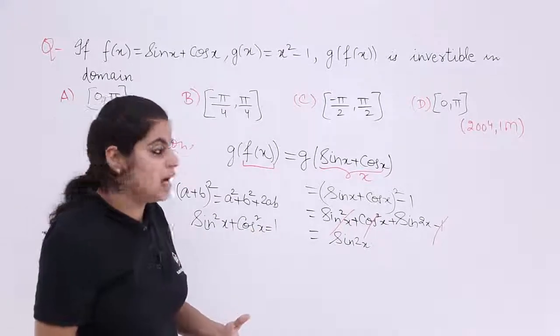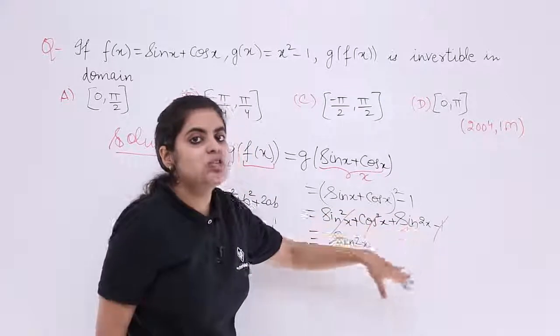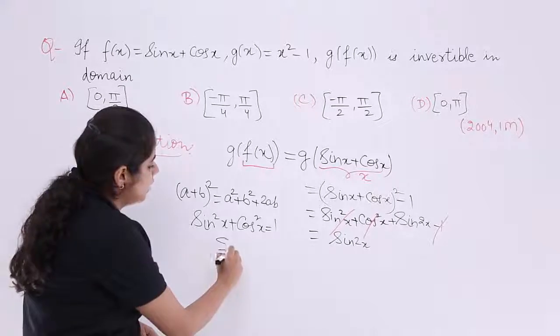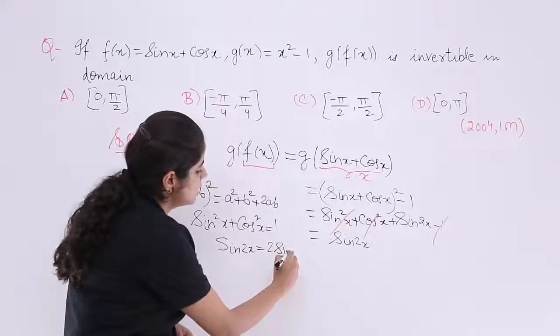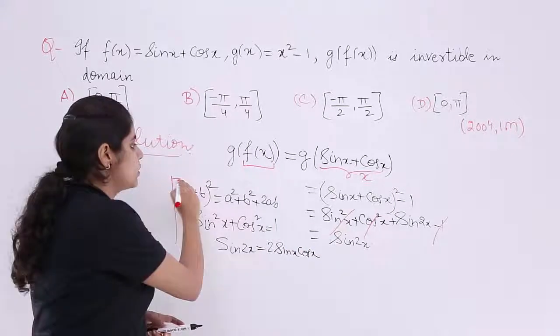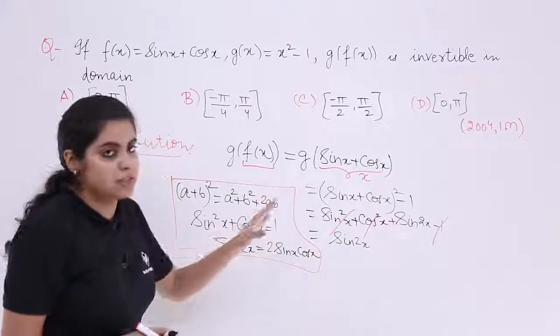The next formula is sin 2x is equal to 2 sin x cos x. Let's enclose these formulas in a big box, since we need them for reference.